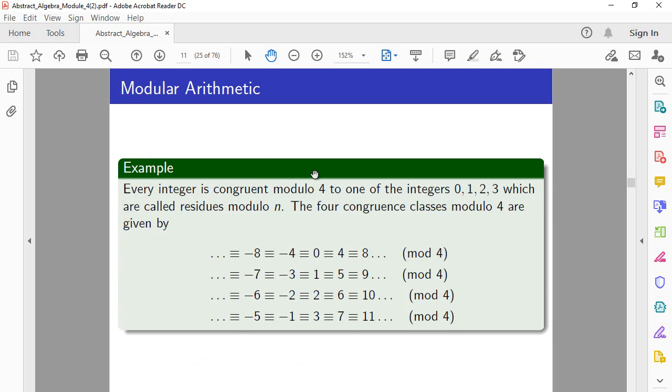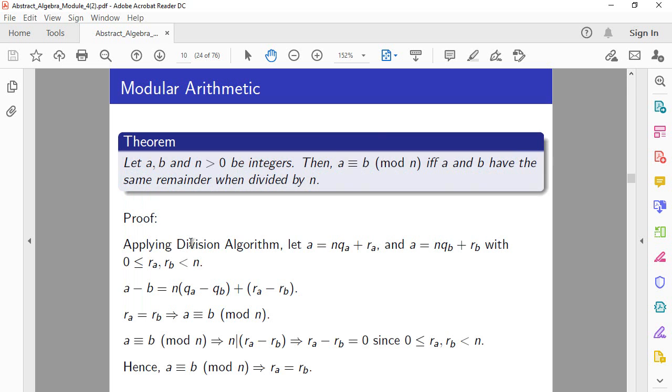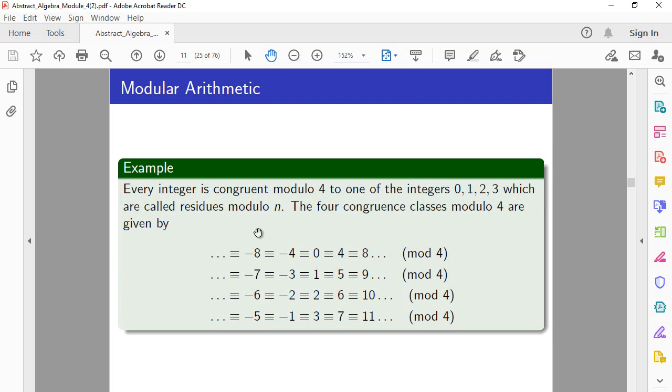We have seen this example before. What this is telling us is the following: if the modulus is 4, then every integer is congruent modulo 4 to one of the integers 0, 1, 2, and 3, which are called residues modulo n.